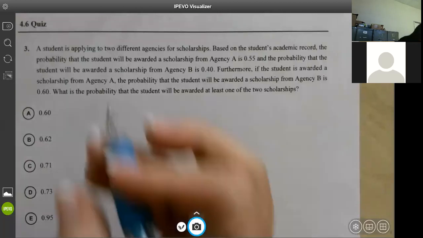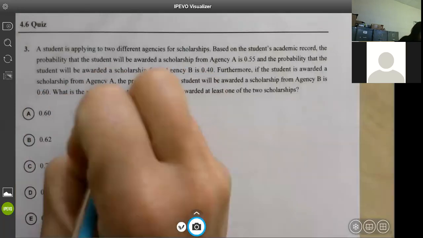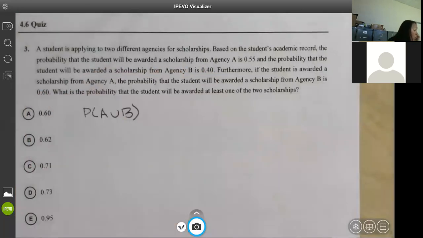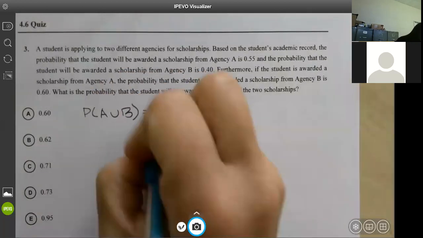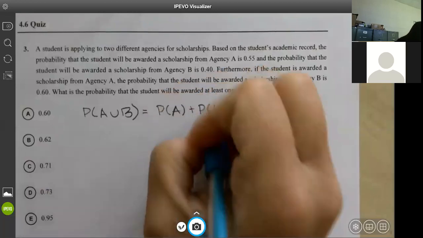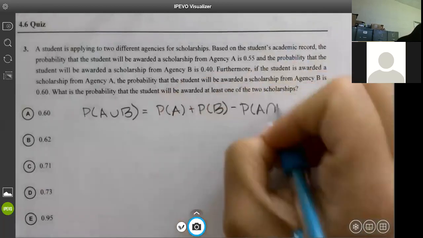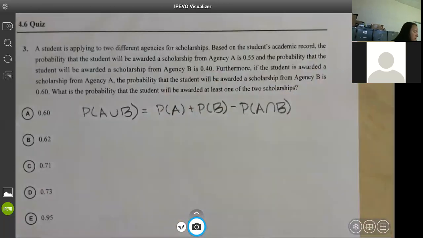All right, so the first thing that you want to do is remember your formula of or. They're either going to do A or B, which is the probability of A plus the probability of B minus the probability of A and B. The reason they give you the or is because you don't know what your and is.